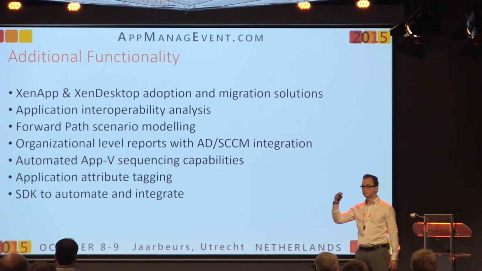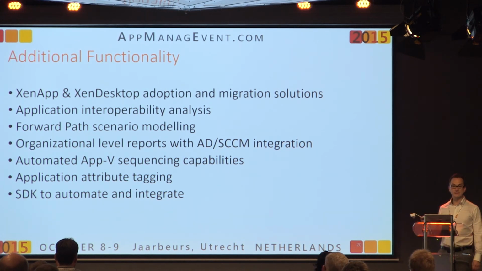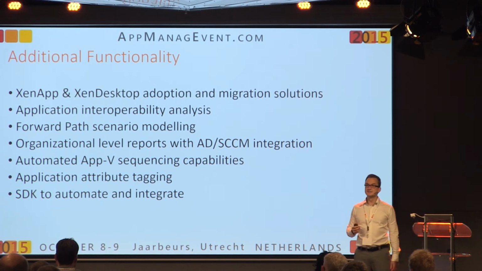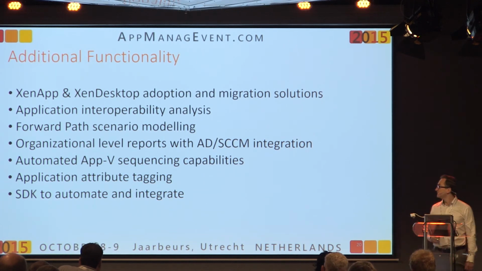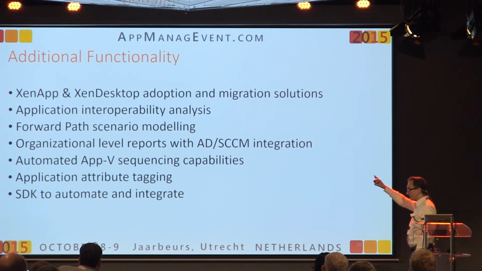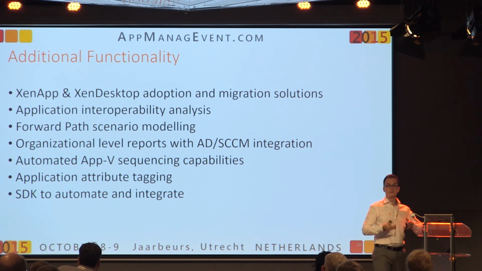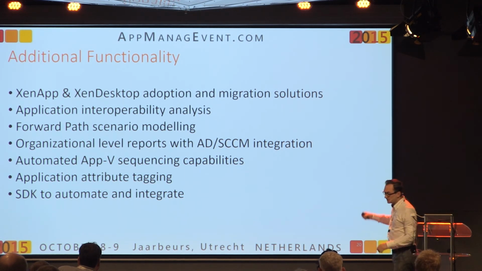As time marches on, the demands placed on IT professionals are going to increase. Security, organizational consistency, standards will become more and more important. So there are things such as the Zen App and Zen Desktop migration and adoption solutions. So whether you're coming from a physical to virtual environment or doing a virtual to virtual migration, this can help you.